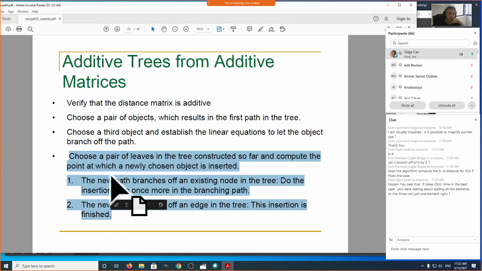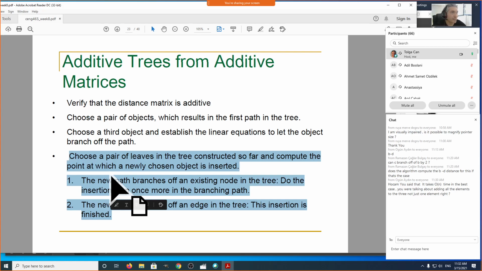One element takes constant time. We just add it in by solving a constant number of systems of linear equations with three unknowns. That three is constant. Whether it's the ith iteration or nth iteration, it will always be three equations, three unknowns. So it's constant time for a single successful insertion.